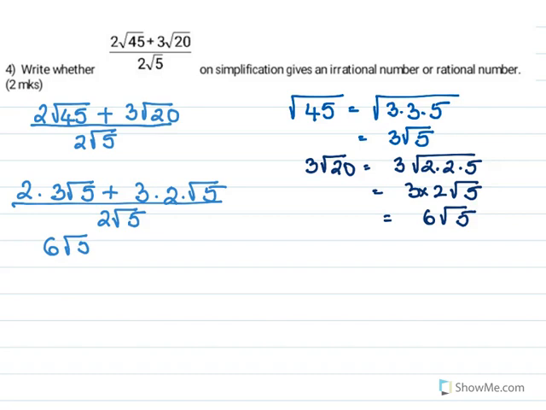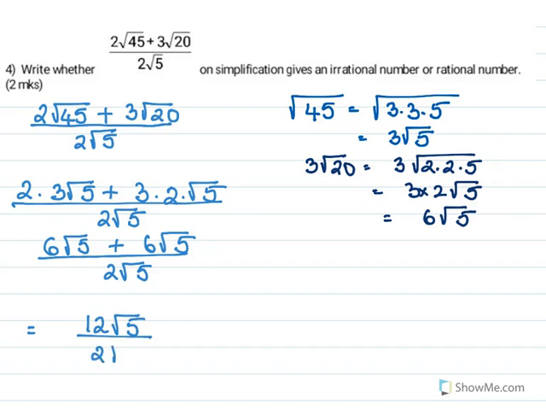So this is 6 under root 5 plus 6 under root 5 over 2 under root 5. 6 under root 5 plus 6 under root 5 is 12 under root 5 over 2 under root 5. Now here under root 5 cancels out. So it is 12 over 2, and this is 6.